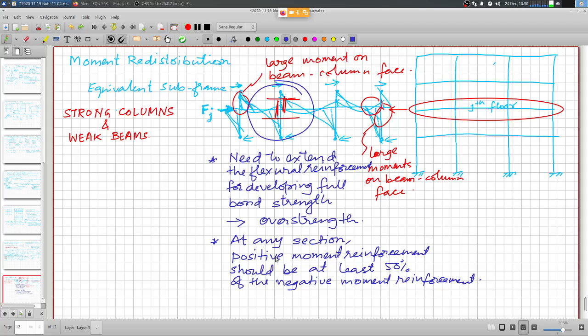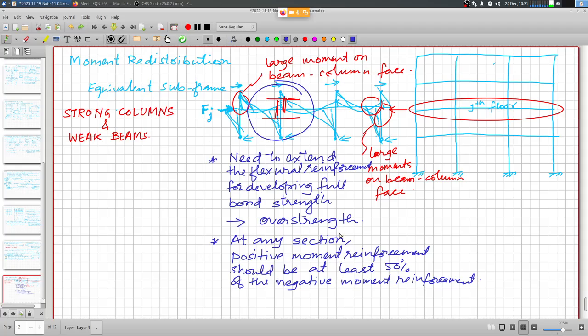Right, so this is of course always there, even in the dead load design. You provide this at any support where the hogging or negative moment is going to be crucial. So even at those support locations, sections near the support, you would provide positive moment capacities to be at least 50% of the negative moment capacities.